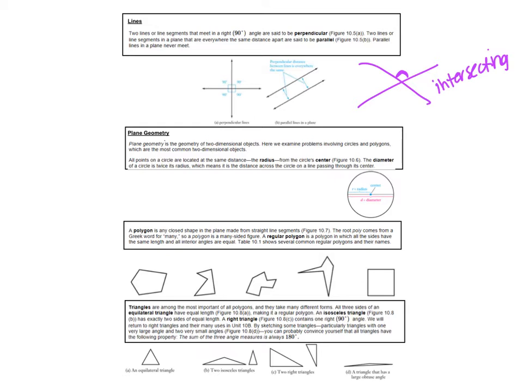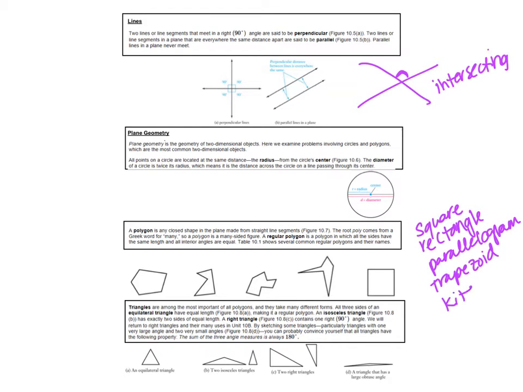Now, there are some specific polygons that you're probably familiar with, right? So we have a square or a rectangle. You've probably heard of a parallelogram. You may have heard of a trapezoid. You may have heard of a kite.